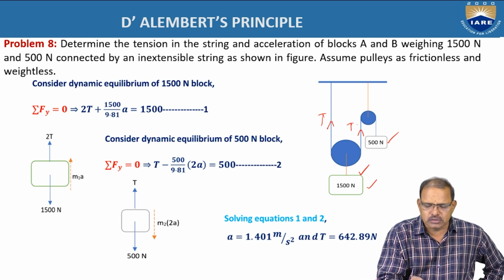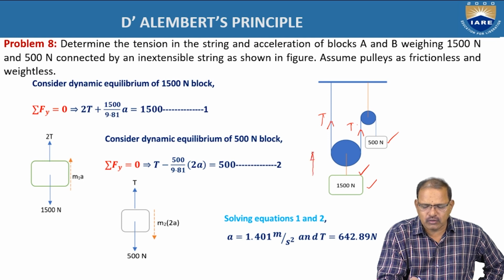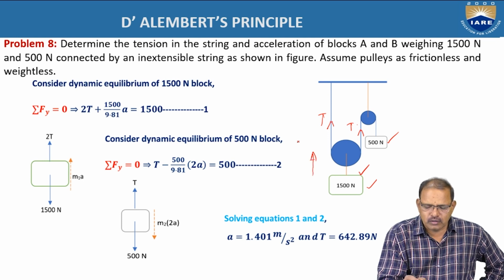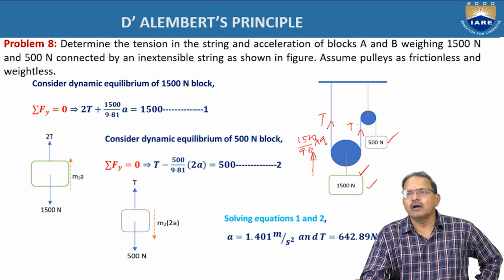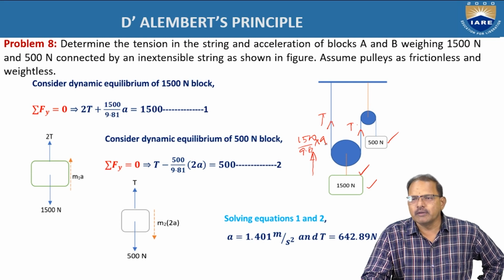Or in other words, the inertia force is acting upward, which is equal to 1500 newtons, that is mass, 1500 divided by 9.81, into A, acting upward. Now according to D'Alembert's principle, the body should be in dynamic equilibrium.